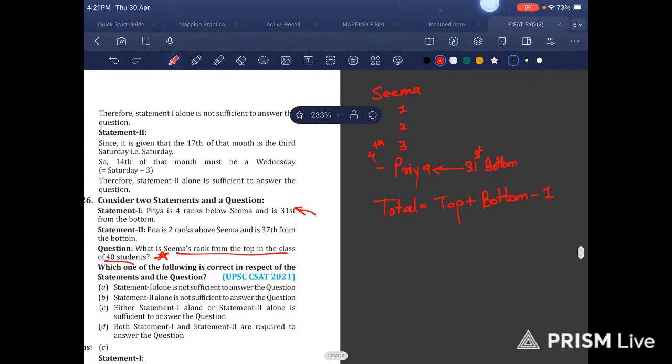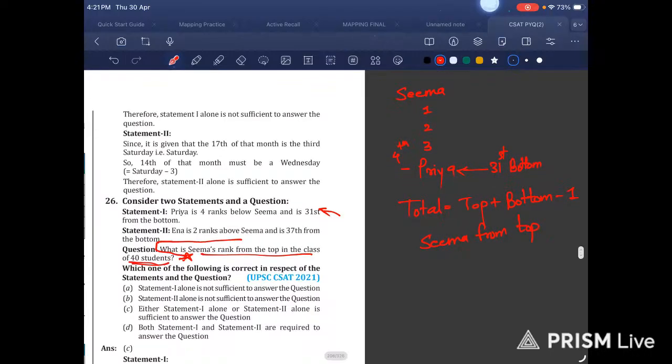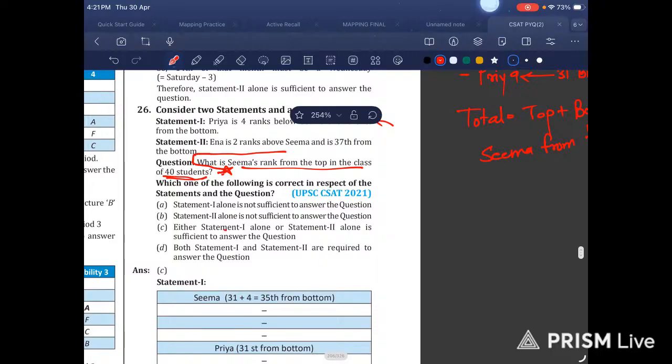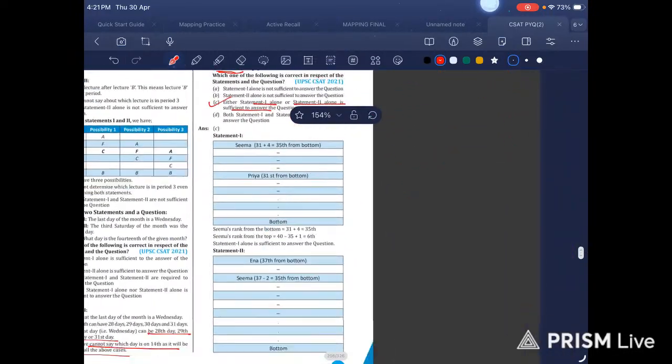So by using this, we can get the position of Seema from top, and that is what is asked. So I feel either statement 1 alone or statement 2 alone is able to give our answer. So option C is correct. Question number 26 is done.